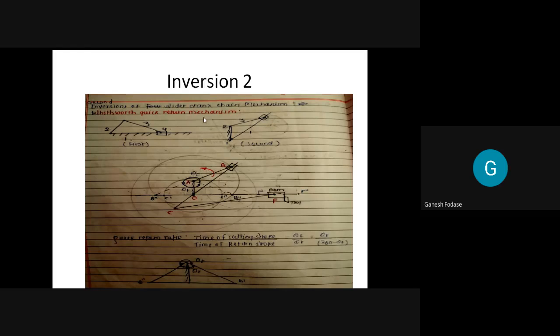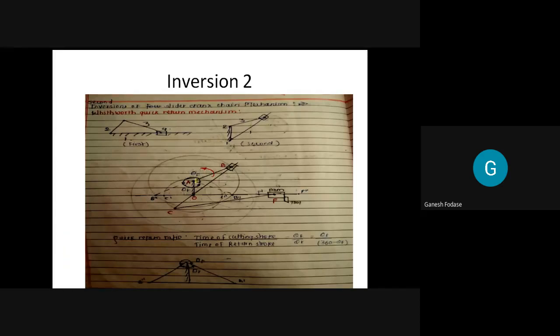Now, why quick return? I think I discussed it in brief in the last lecture, but we'll discuss it now in detail. Let's consider this mechanism. I draw it here again. This is link OA, our link number 2, which is fixed. This is link AB, our link number 3, and OB represents link 1.